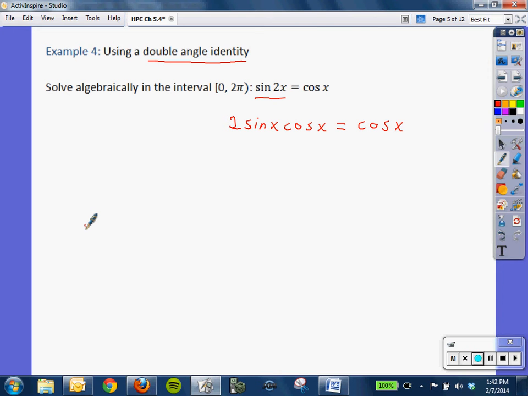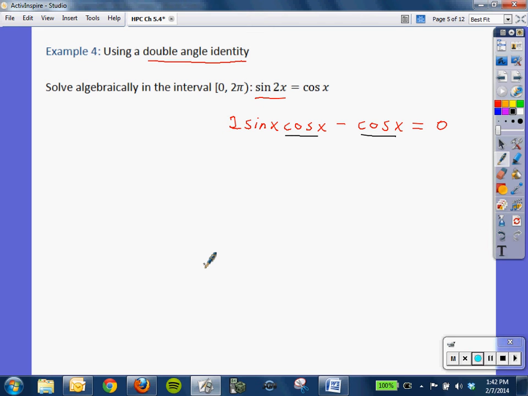So let's go ahead and subtract cosine x from both sides. Then we have 2 times sine x times cosine x minus cosine x is equal to 0. On the left-hand side of the equation, you have 2 terms that have cosine x in them.